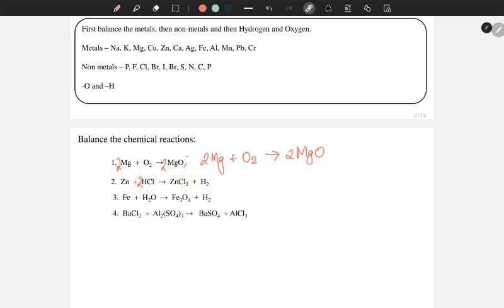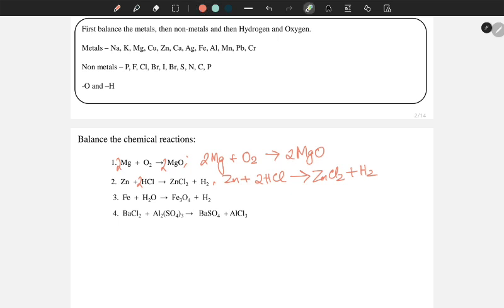Now again let's see if it is balanced. Zinc 1, chlorine 2, then hydrogen 2. So now it is a balanced chemical equation. I will write the balanced chemical equation: zinc plus 2HCl gives zinc chloride plus H2.